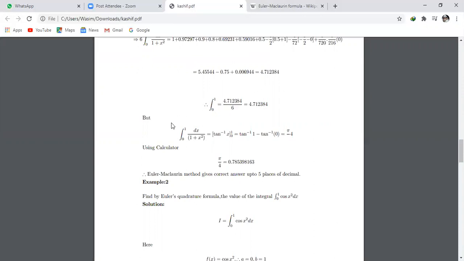At the end of the question, we find the integration of that function.